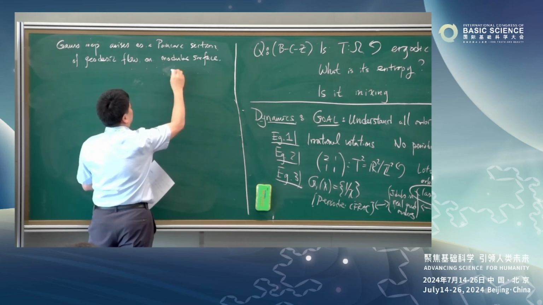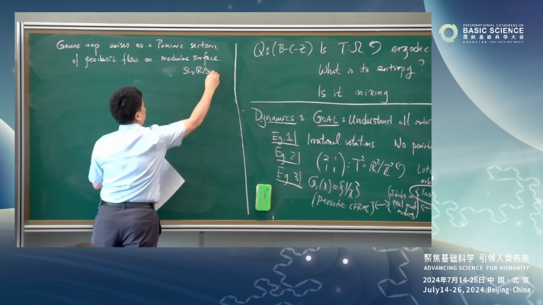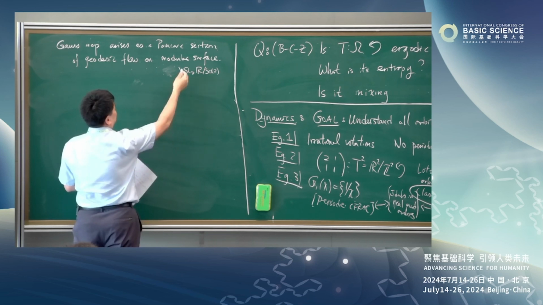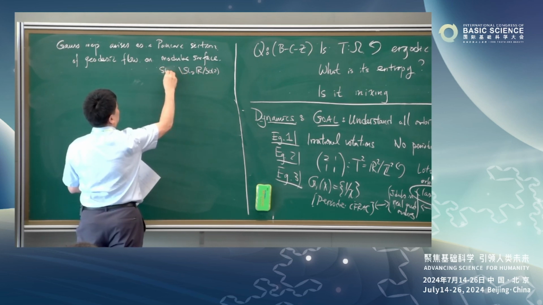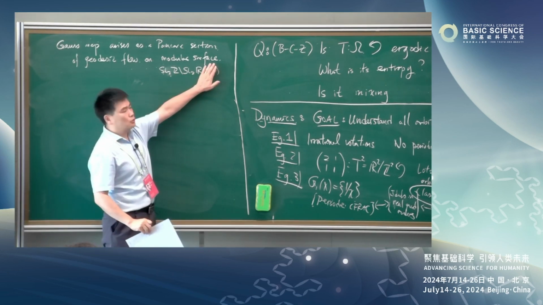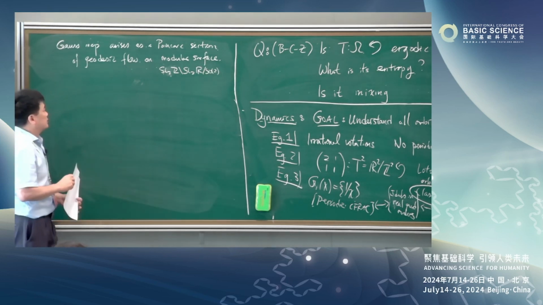We can write it as SL2R mod SO2, a double coset space mod SL2Z. And if you don't mod out by SO2, you can think of that as the unit tangent bundle of the modular surface.